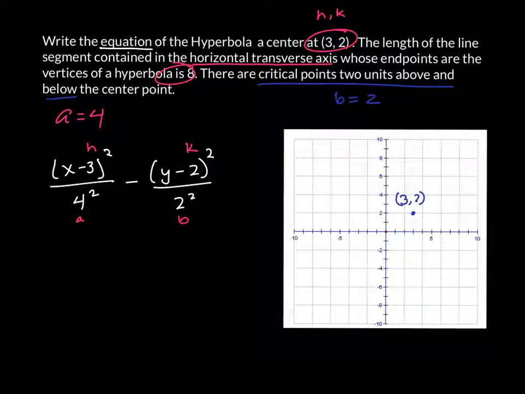So my next value over here is going to be at (7, 2). And then I subtract 4 from my x value on the left-hand side, so that's going to give me (-1, 2).